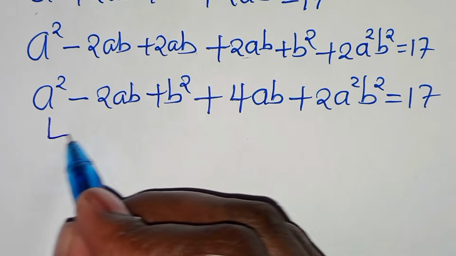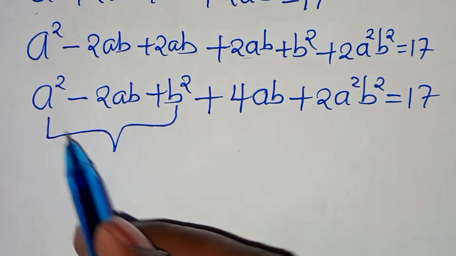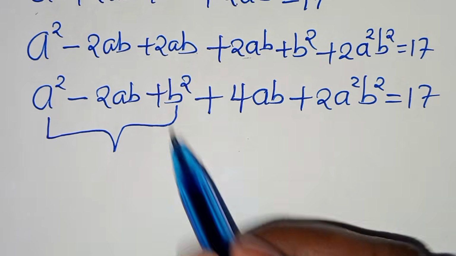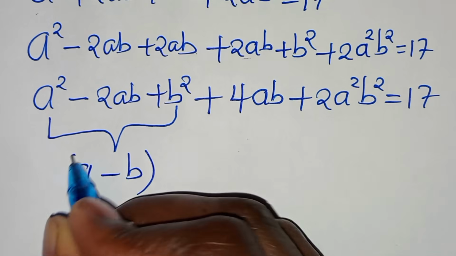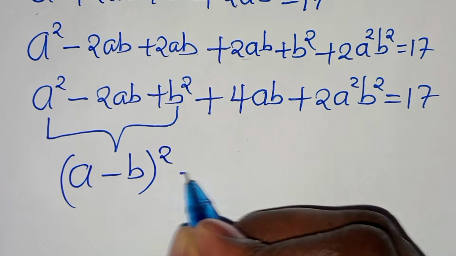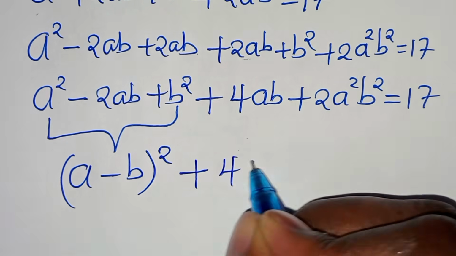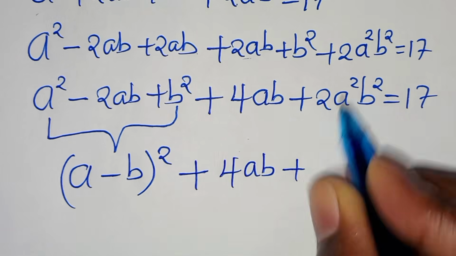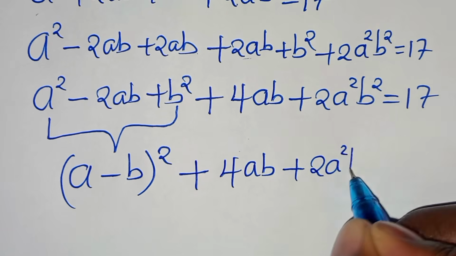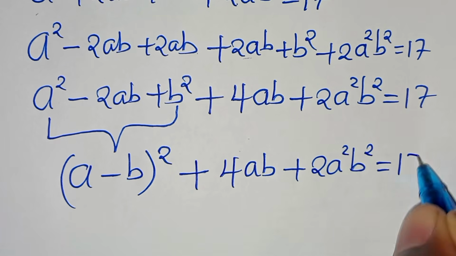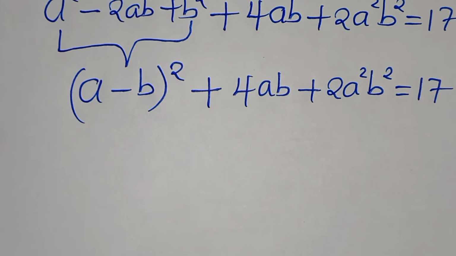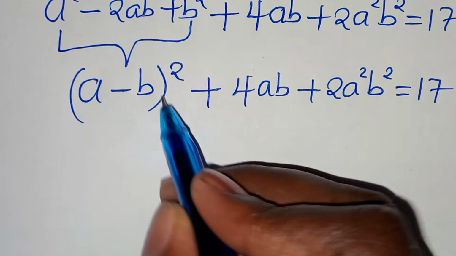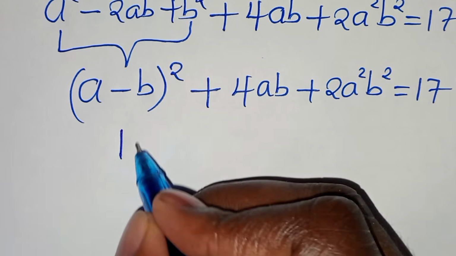Now this particular part here is an algebraic identity that we can express as a minus b raised to the power of 2, then plus 4ab, then plus 2a squared b squared equals 17. A minus b from equation 2 is the same thing as 1.